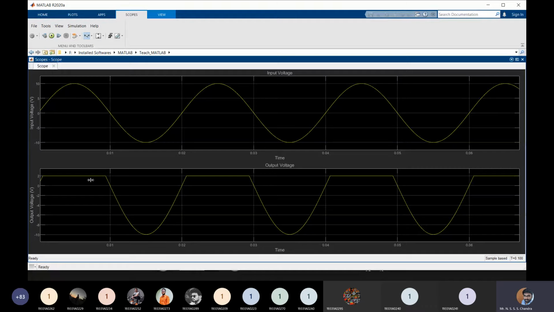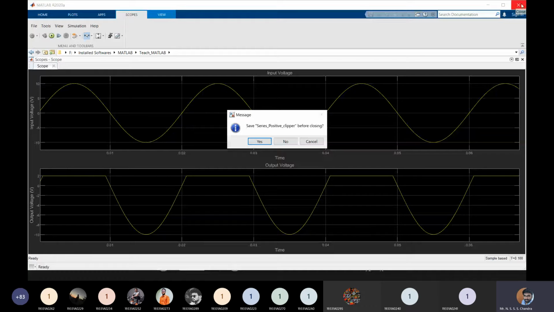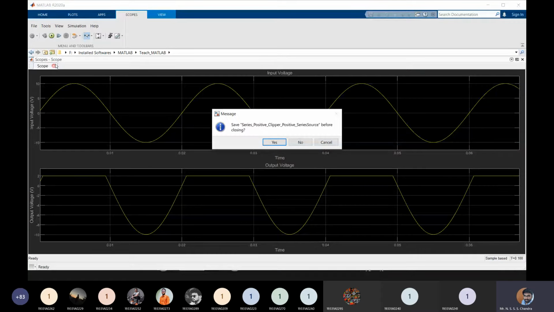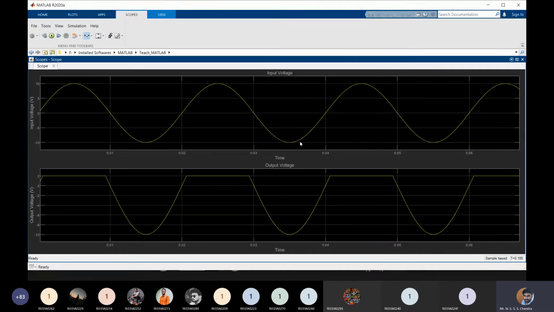where we have the forward voltage as 0.7 volts.